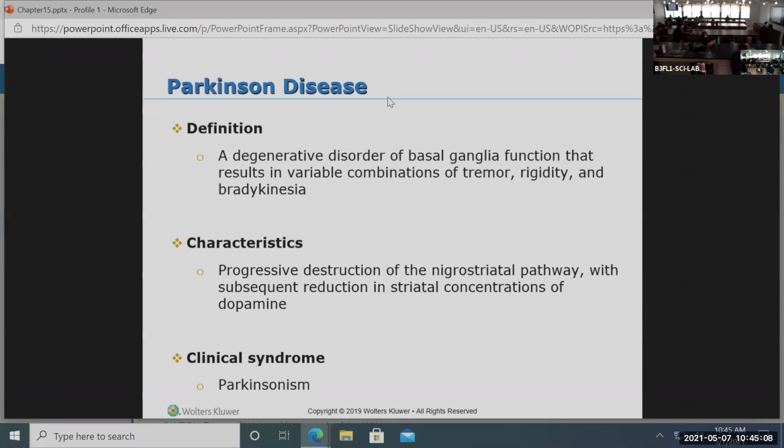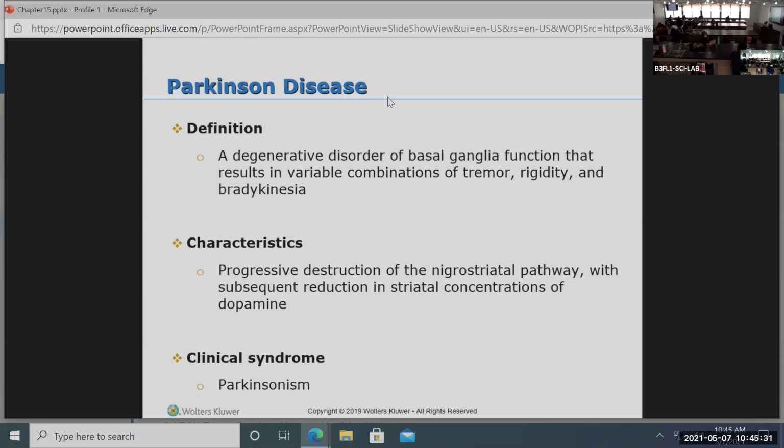Hands are like this. It's very hard to make an extension of this patient's hand because it's already flexed, it's tight. We call it cogwheel rigidity. Cog, C-O-G, cogwheel rigidity.